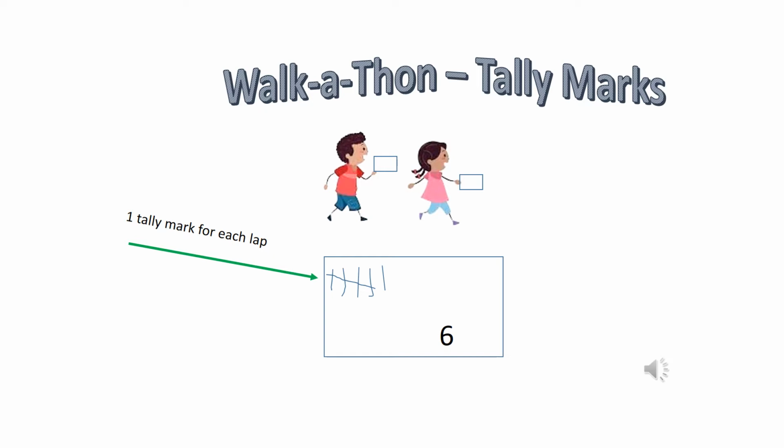And when we came back into the classroom, each of you took your note card with your tally marks and you counted up all the tally marks, and then you wrote down in number form how many laps you did. So on this card, this student wrote a number 6.